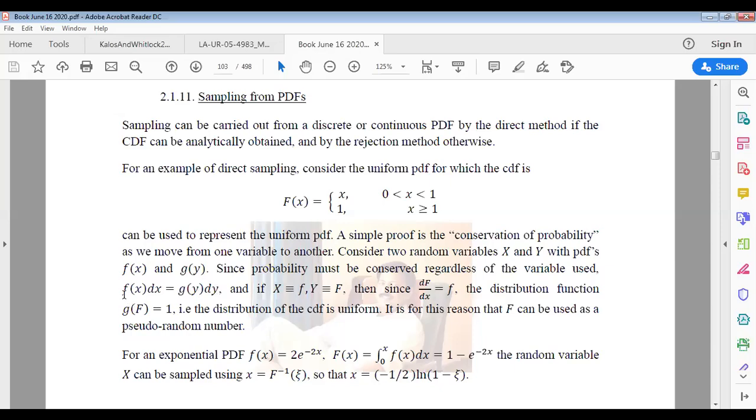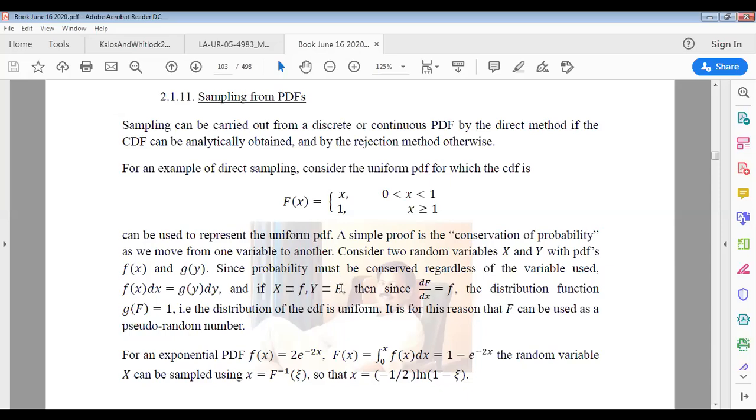So now I'm going to call this a conservation of probability. Let me use this conservation of probability, and let me do this: for x, let me put small f, and for y, let me put big F. I don't think anybody should have any objection. So I'm going to put the PDF as one random variable, and the CDF as another random variable.